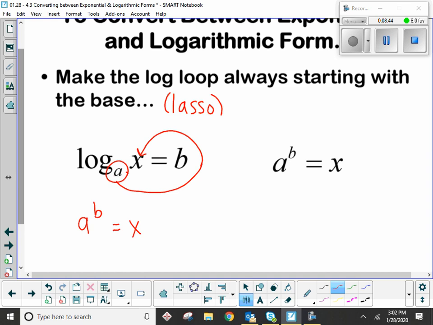And I'm going to show that to you again, but I do want you to write the steps down. Here are the steps, and you can use whatever shorthand you want. The first step is to start with the base. You begin there every time.